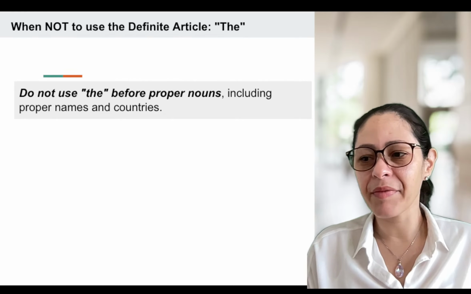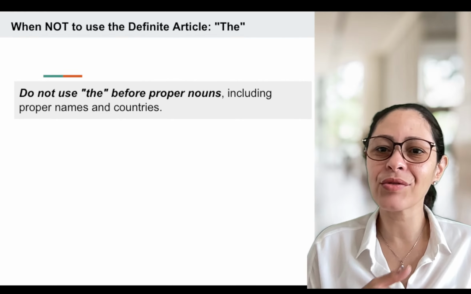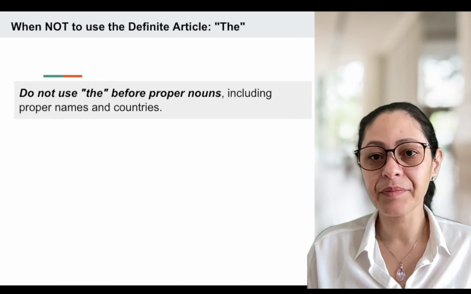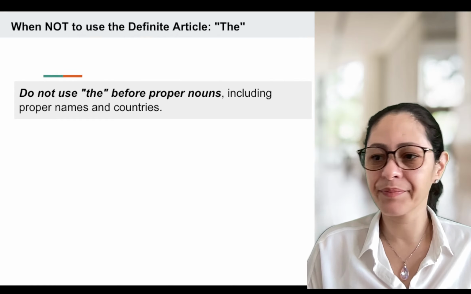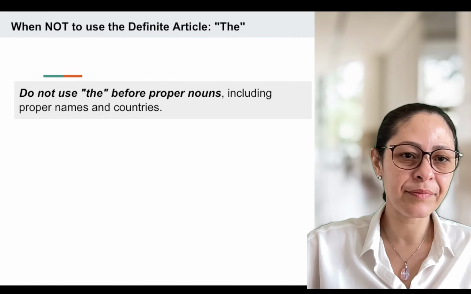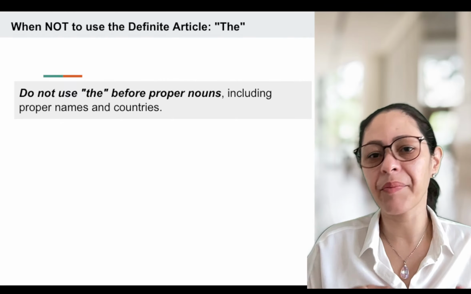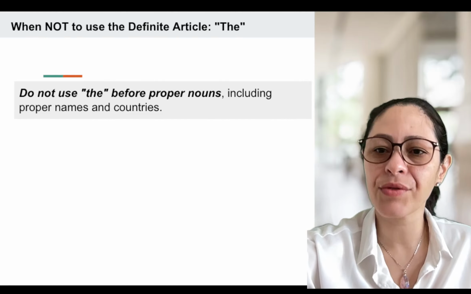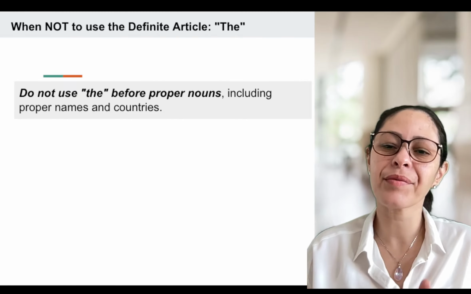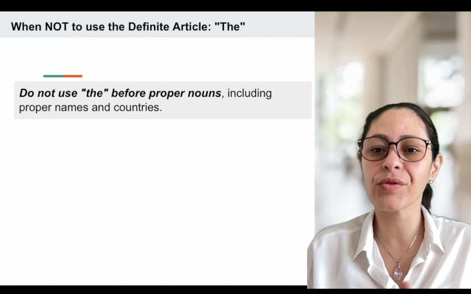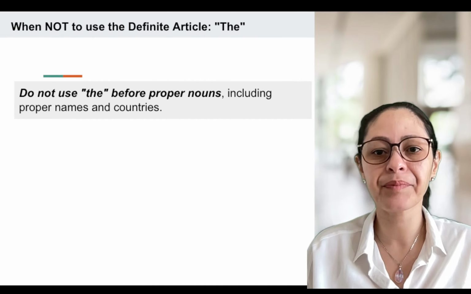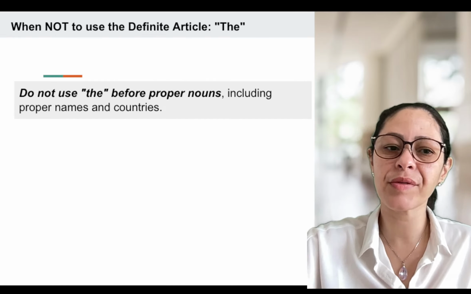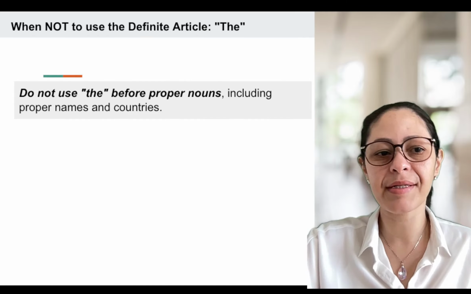Well, as I was saying before, when not to use the definite article the, we don't use it before proper names and countries, at least most countries. Okay, I'm going to give you some examples in which we do use the article the. But let's focus. For most countries, we do not use the. Look at this example.